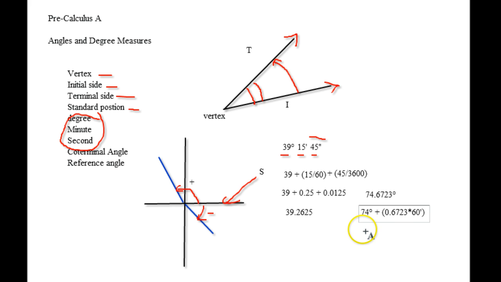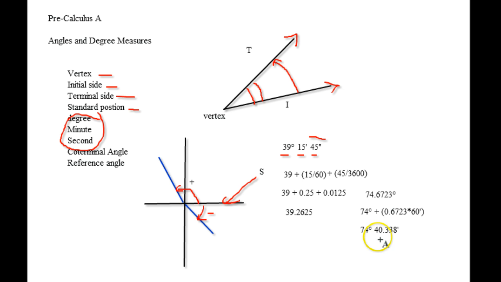Okay, and get that part, and that's going to be 70 degrees, and let me see, 0.6723 times 60, and that's going to be 40.338 minutes.